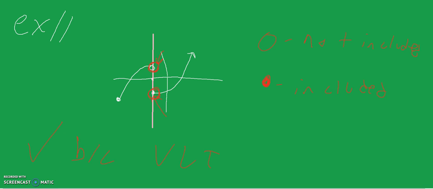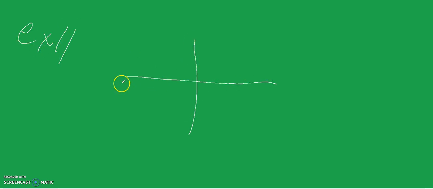Okay, now quickly, let's look at the same example but with a slight modification. It was something like this. Now, the difference is that both of these circles are filled in completely.